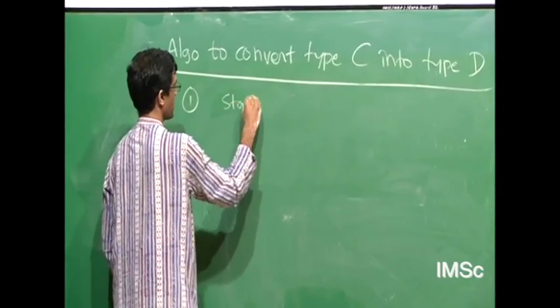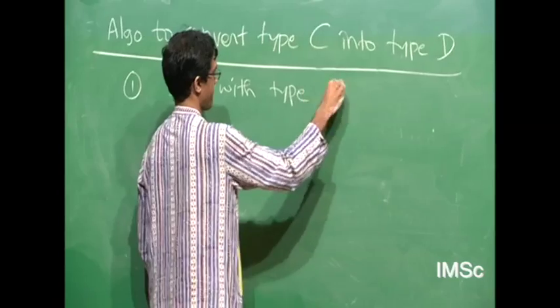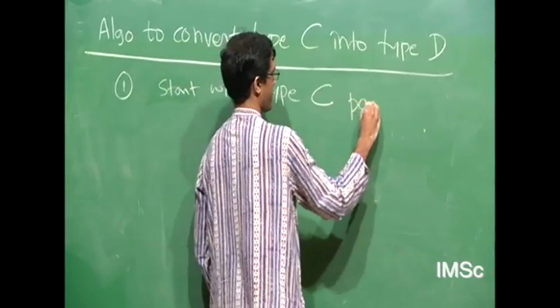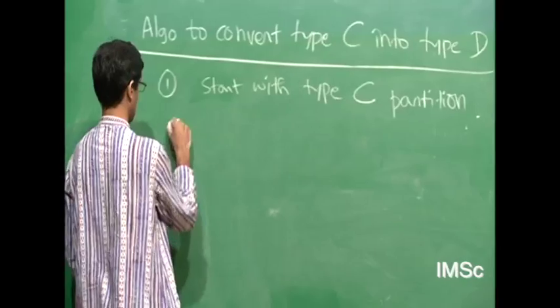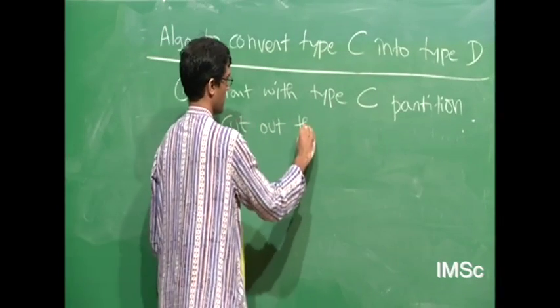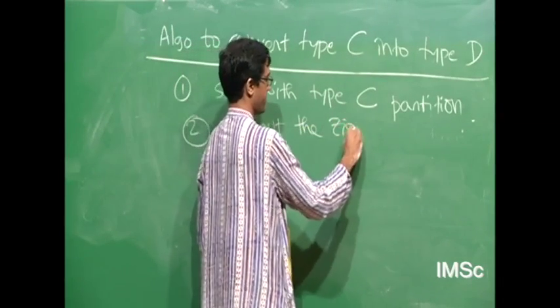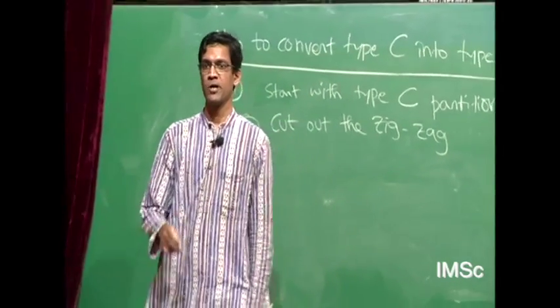Start with a type C partition. Cut out the zigzag, the inscribed part. How many boxes does it have?